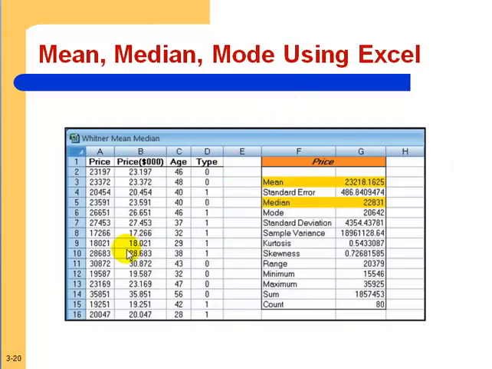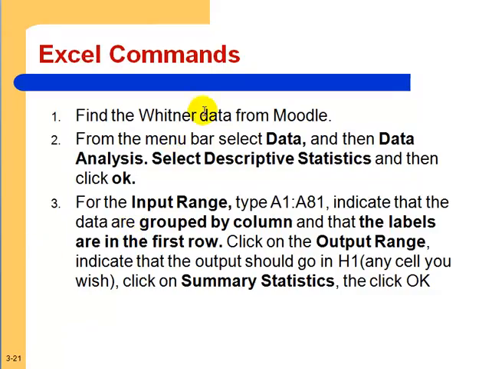You have already seen that the calculations to find the mean, median, and mode can be complicated. Using Excel, it's very easy to quickly find the mean and median. You just follow these steps. If you have a group of data, select the data in Excel, then Data Analysis, select Descriptive Statistics, and for the input range type in the range of the data.